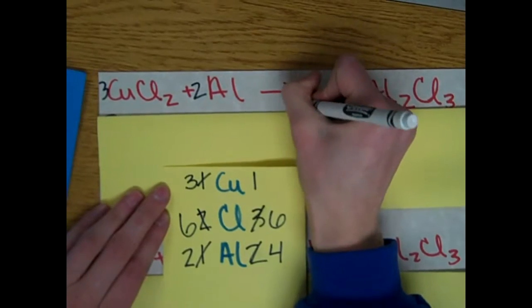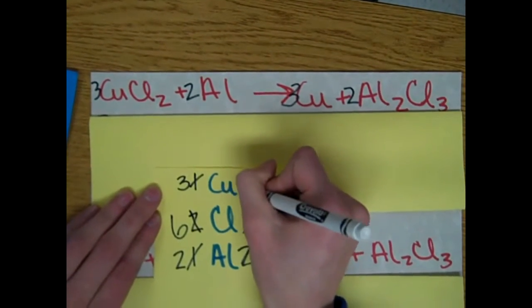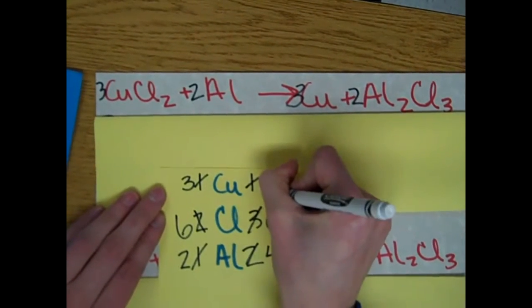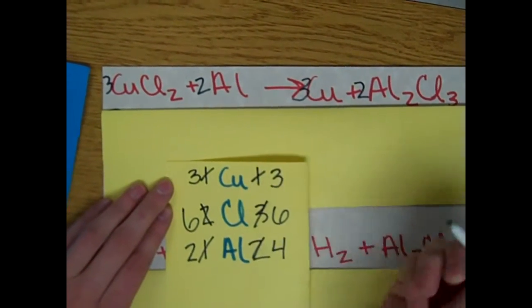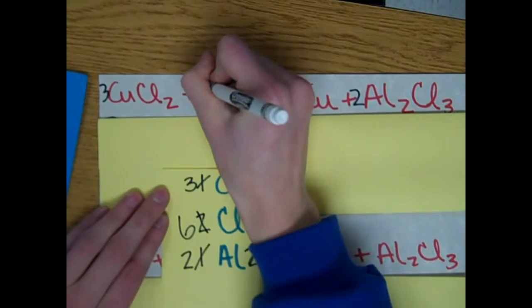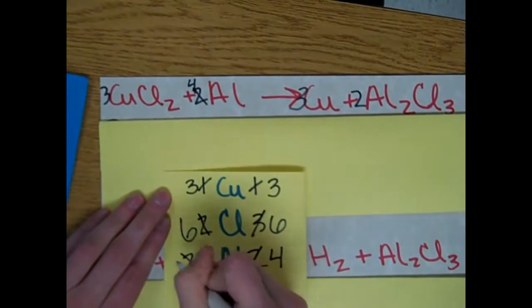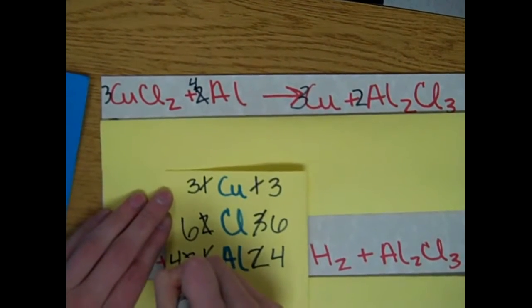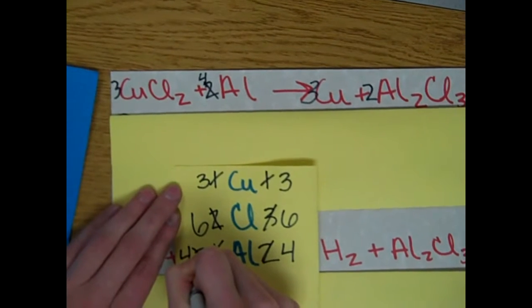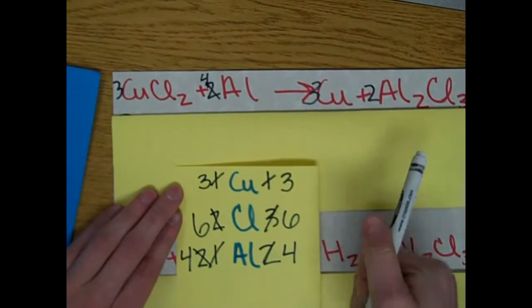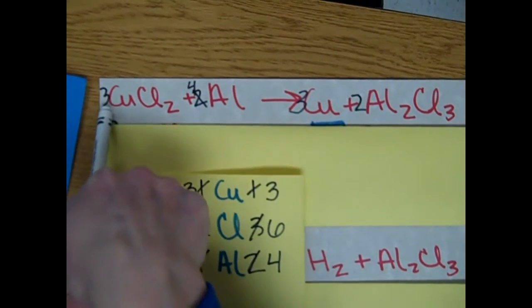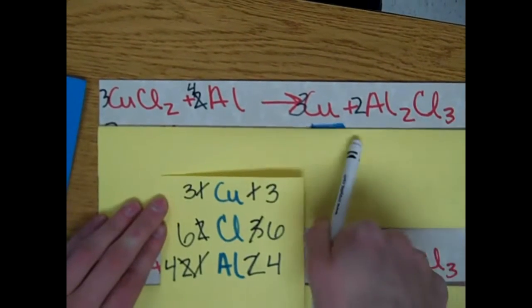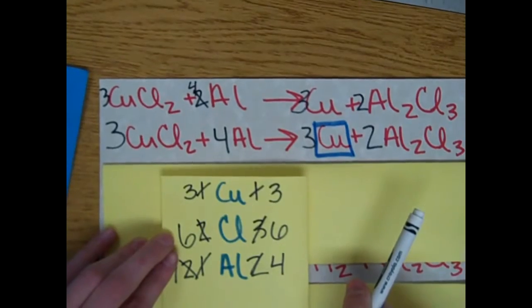If we put 3 there, there's now 3. But we need 1 more, or 2 more aluminums. Change that to 4. But that's not balanced yet, because 4, 4, 6, 6. Oh, that is balanced.